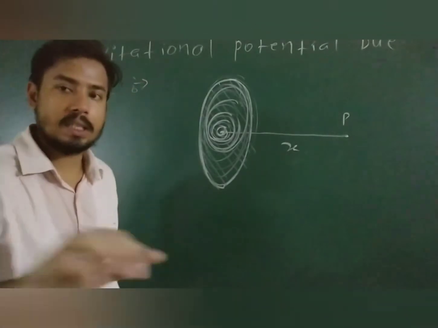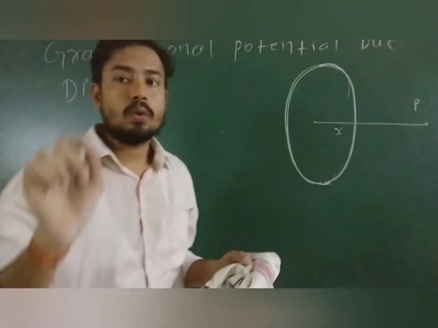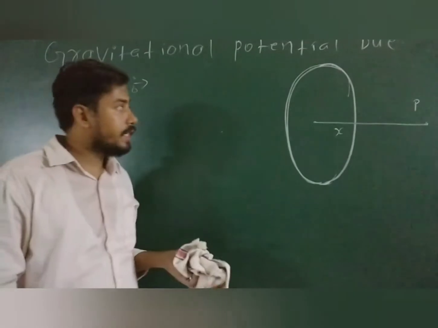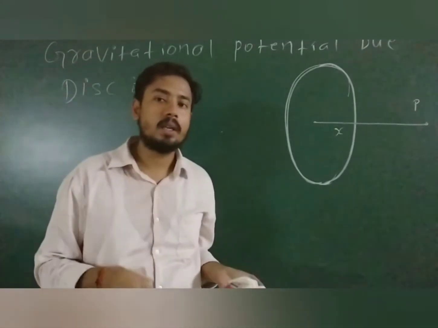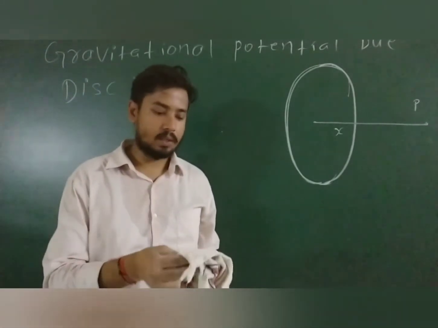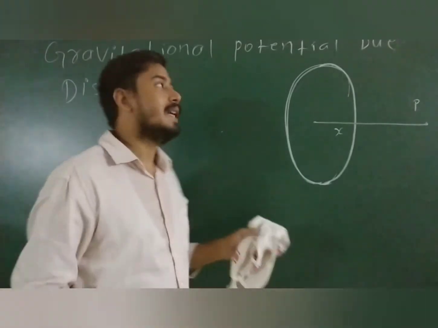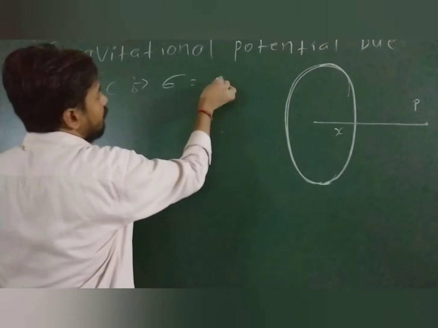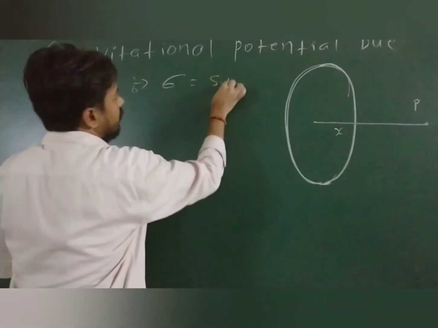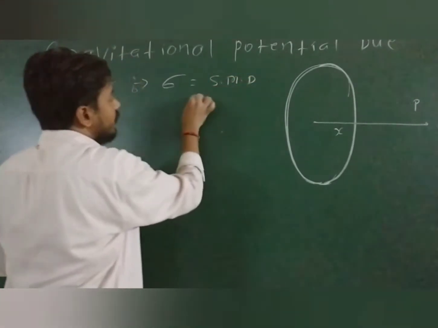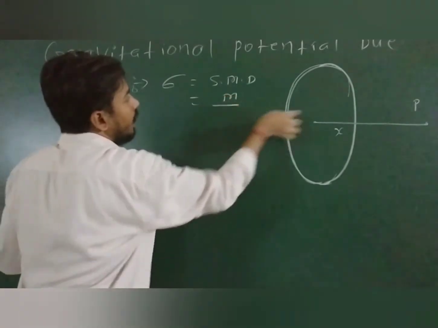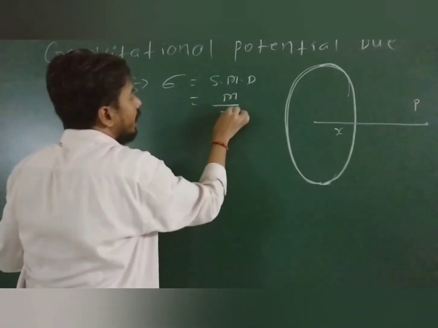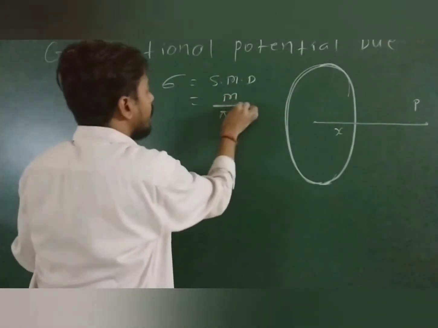Done, buddy? So first of all, here the distribution of mass is a surface distribution. That's called surface mass density. So first of all, find sigma. Sigma is called surface mass density, and this is basically total mass by area of the disk. The area of the disk is pi r square.